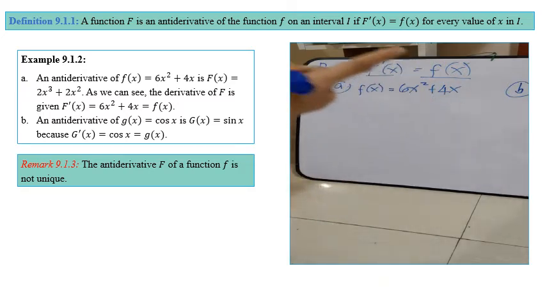Ang antiderivative or anti-differentiation is the inverse process of derivative or inverse process of differentiation.